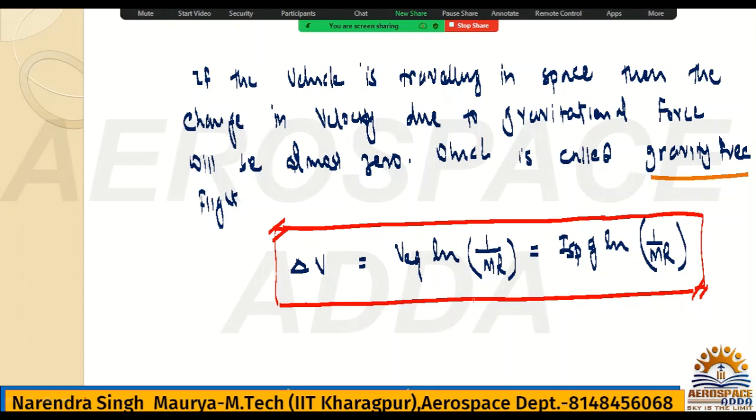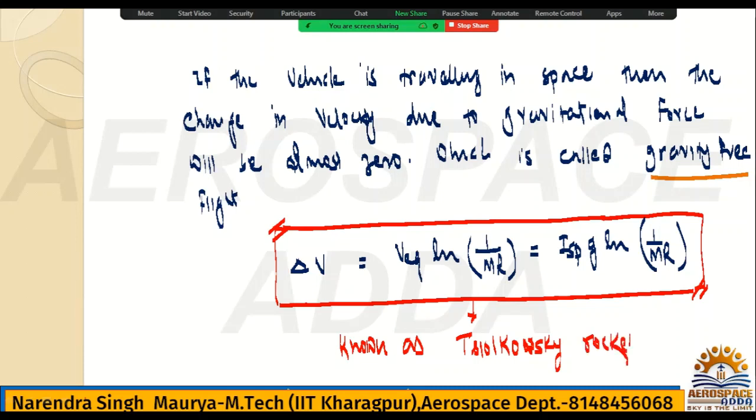This is also known as the Tsiolkovsky rocket equation. So finally you got the final equation. Actually, if you derive this, it is very easy, but it's time consuming, that's all.